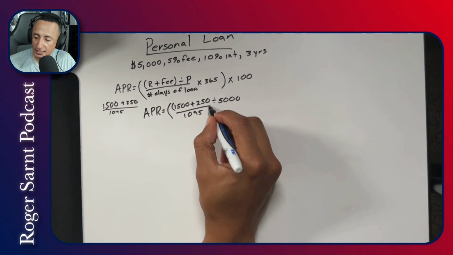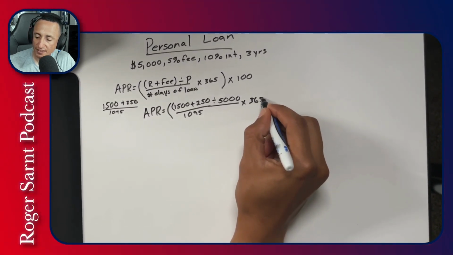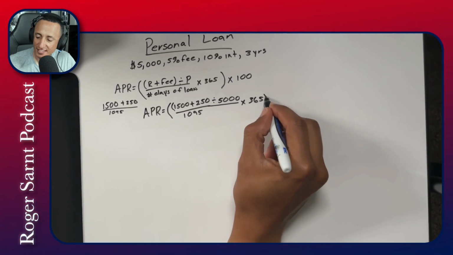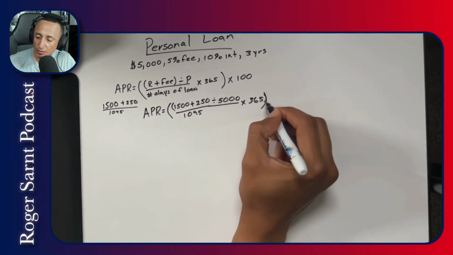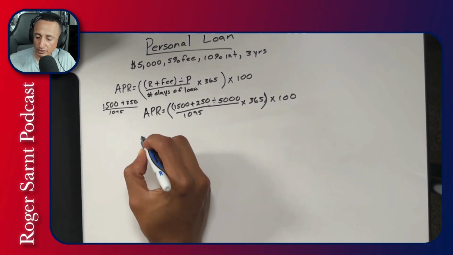Then all of that is going to get multiplied by 365. And then multiply everything by 100. So we can calculate that in percentage.